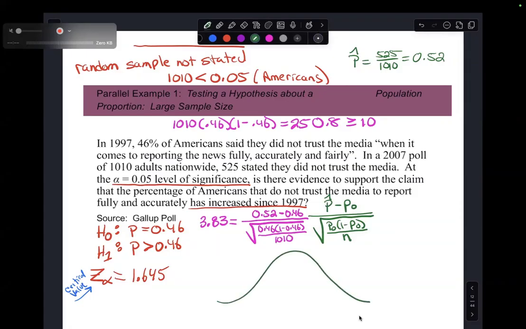Okay, my 46%, this is my 0.46 right here. I moved to the right 1.645 standard deviations to get to the edge of my confidence interval. This area out here is the critical region.